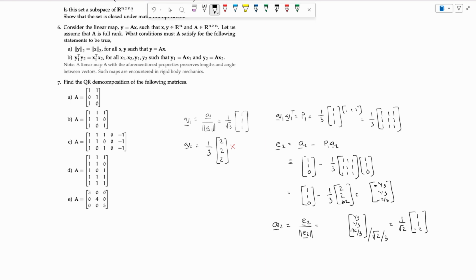Is that of length 1? Are you sure it's the square root of 2 by 3? It will be 1 by 3 square, 1 by 3 square, and so on. Hey, the square root is all over. Is this okay? That's of length 1.